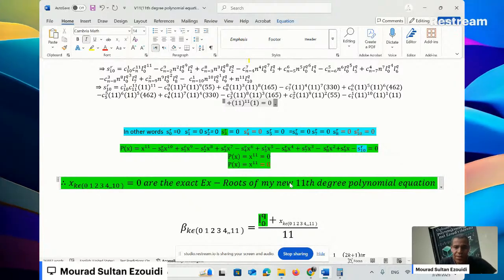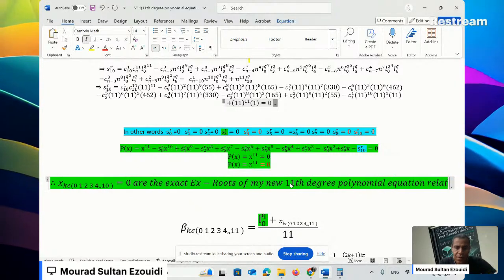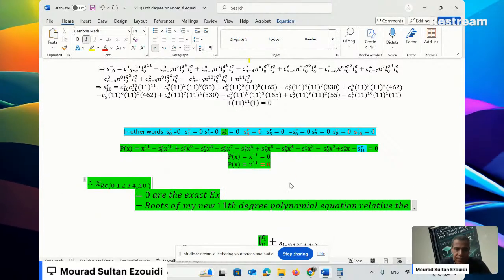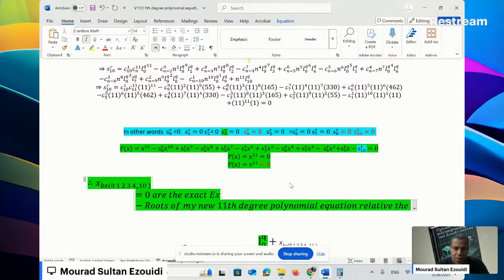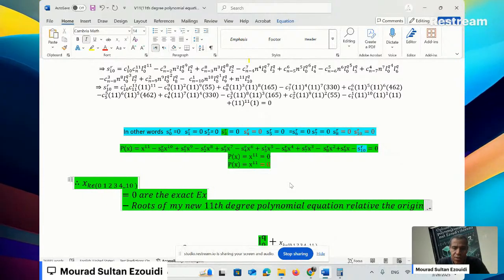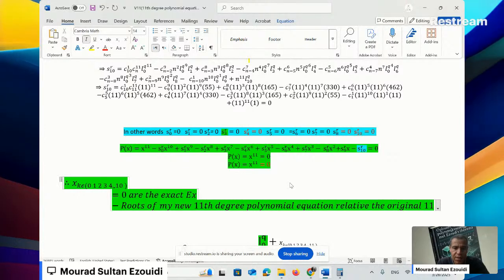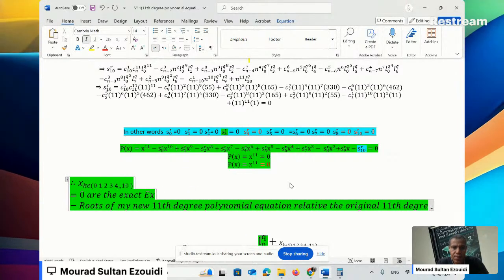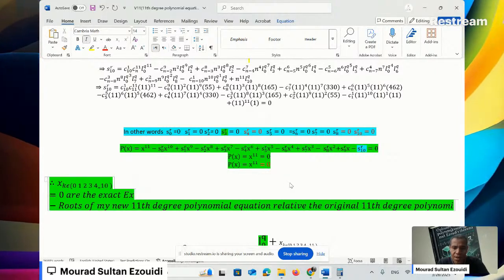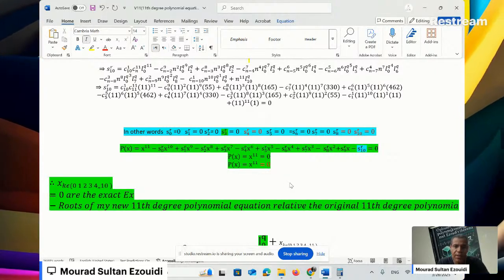Relative to what? Relative to the original 11th degree polynomial equation that I started with from the beginning.